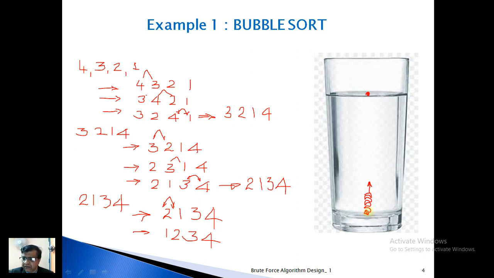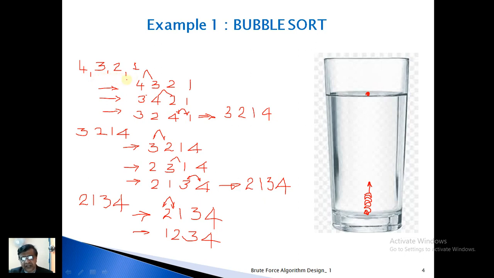Every air bubble is compared with every other molecule of water before it rises to the top. Here also every element will be compared with the rest in order to find its location in the sorted array. We will take an example. The example is a 4-element example, 4 3 2 1.